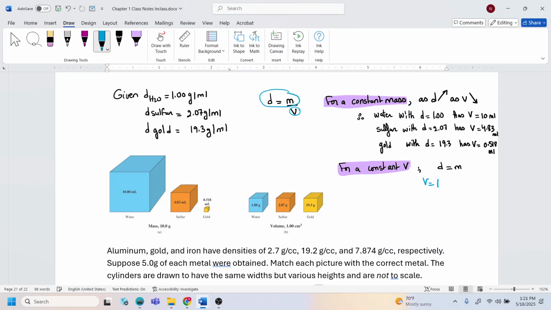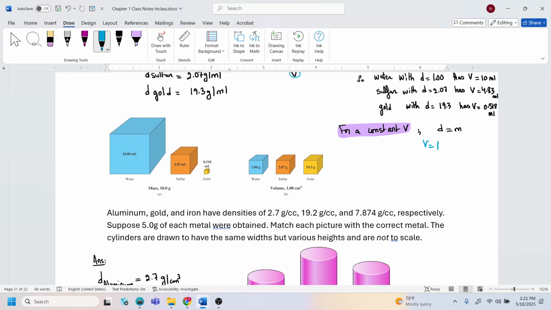Then density is equal to the mass, because the volume is constant. And if the volume is not 1, then the density is proportional to the mass. So as the mass increases, the density is going to increase.